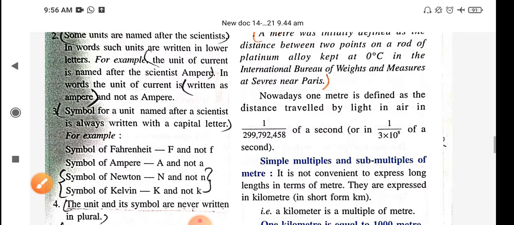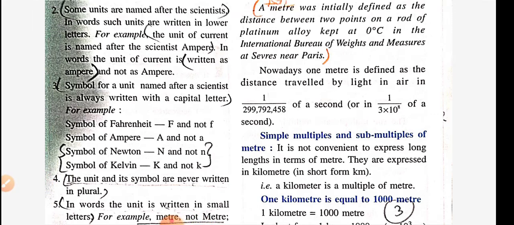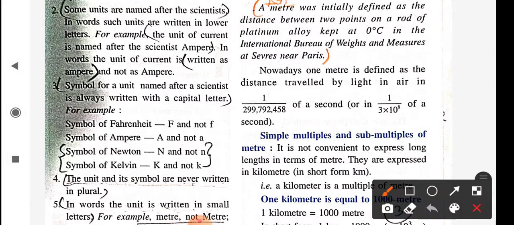Now the third point is that the symbol for a unit named after a scientist is always written with a capital letter. For example, Fahrenheit: the first letter is capital F, so we write capital F, not small f.